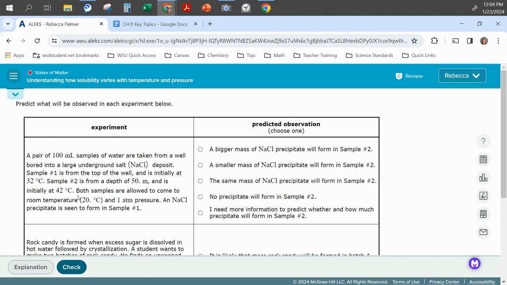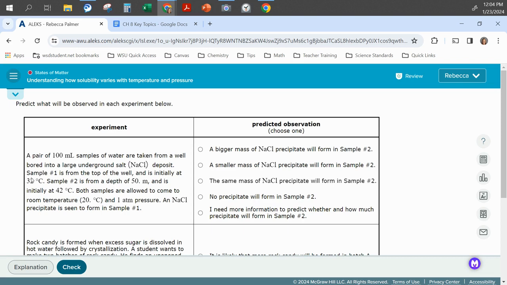So we start at 42 and 32. We end up finding a precipitate in the one that dropped from 32 to 20. So the sample at 42 heated up higher than the sample at 32. So this one can dissolve more because it ended up at a higher temperature. And then it dropped to 20.